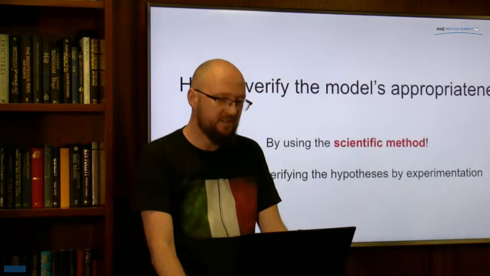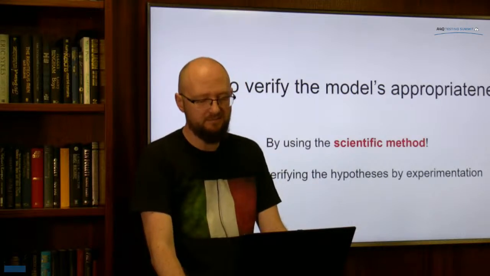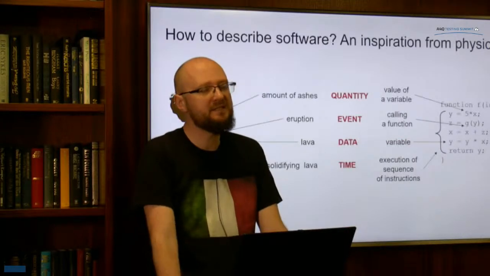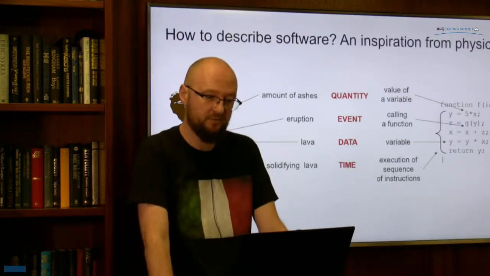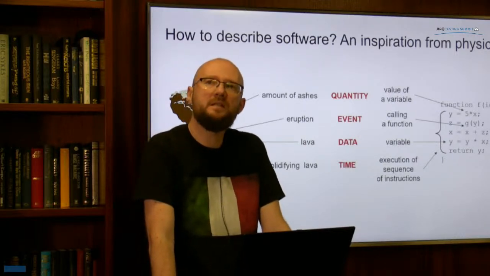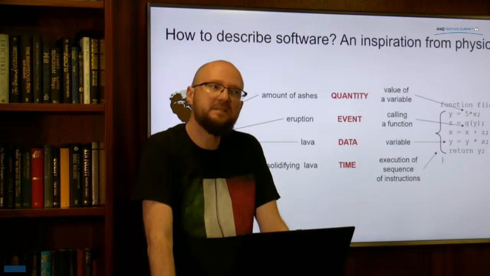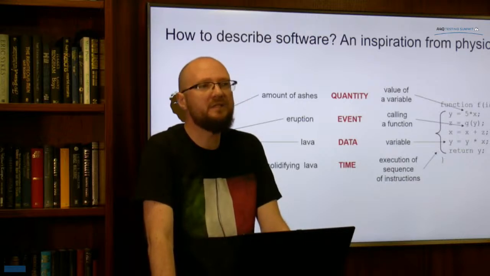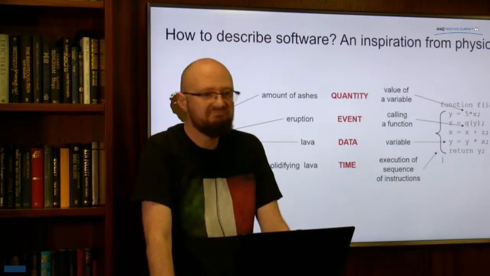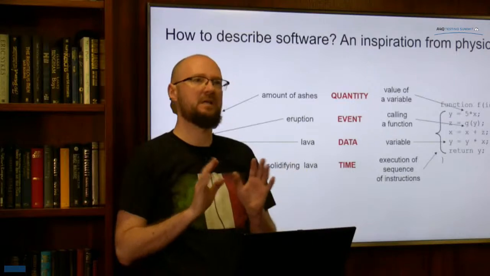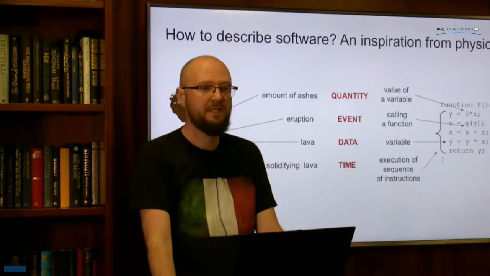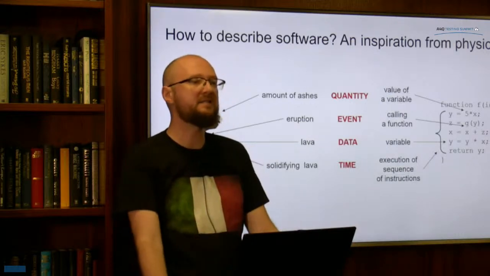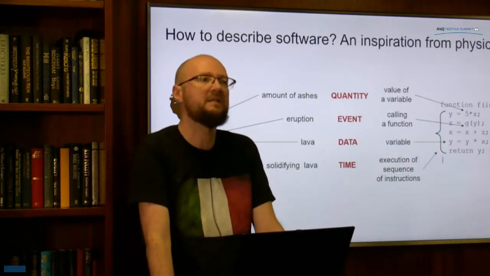Before we define the TQED model, let's go back to testing, and let's think about how we can describe software. Here, the inspiration comes from physics, because, as you know, in physics, we have a small number of notions, of definitions, of laws, which can be combined together and describe even the most complicated reality.